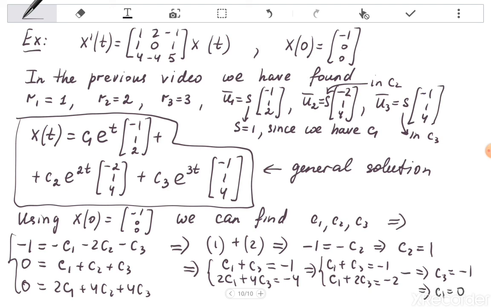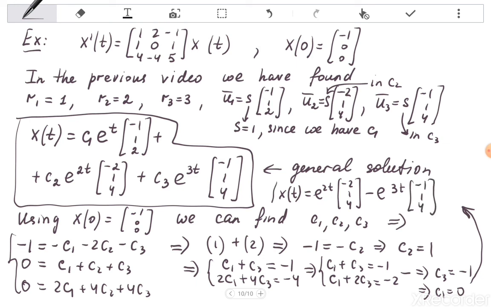So now we can write the solution. Just substituting c1 is 0, c2 is 1, so x of t is e to the 2t times this vector minus 2, 1, 4, and c3 is minus 1, so minus e to the, sorry, it's plus e to the 3t times this vector here, minus 1, 1, 4.